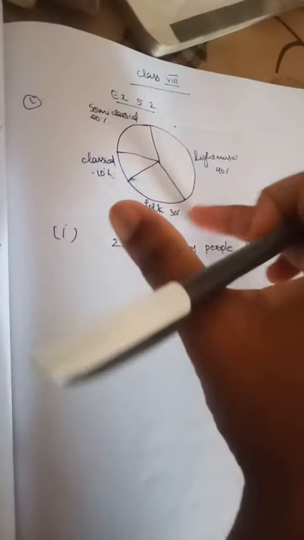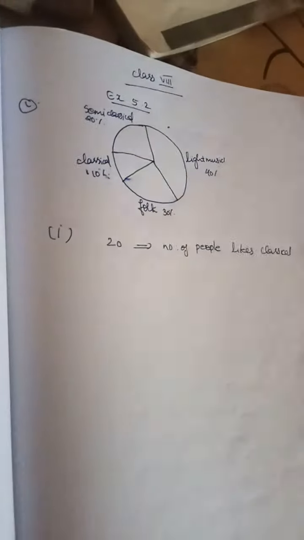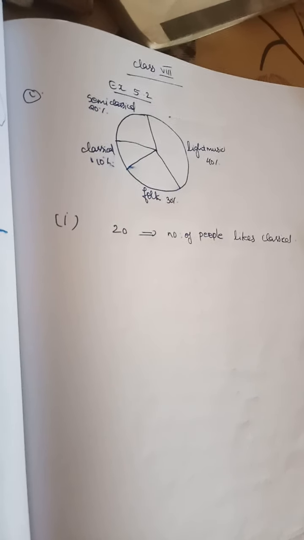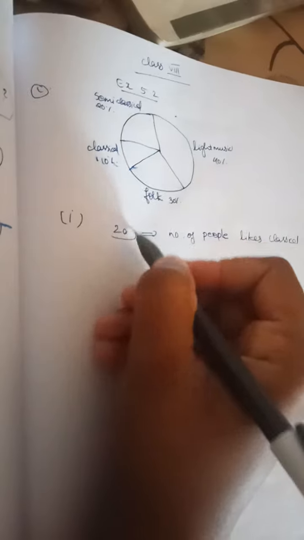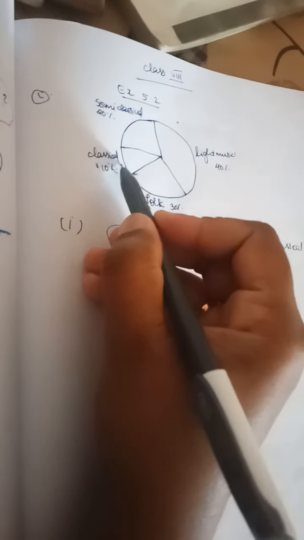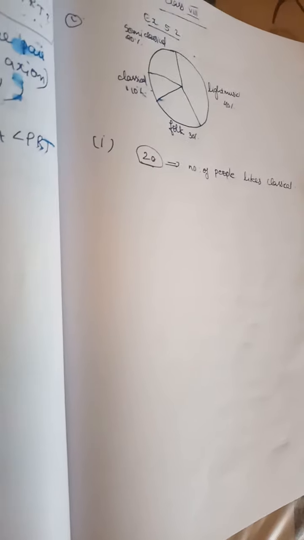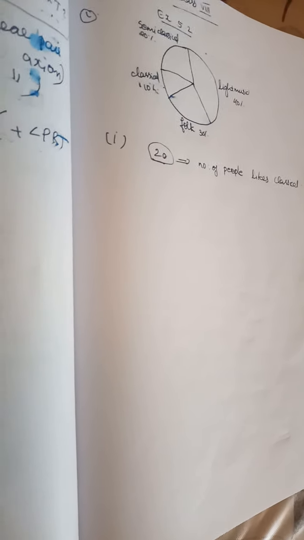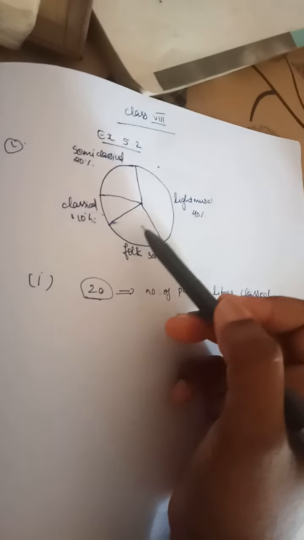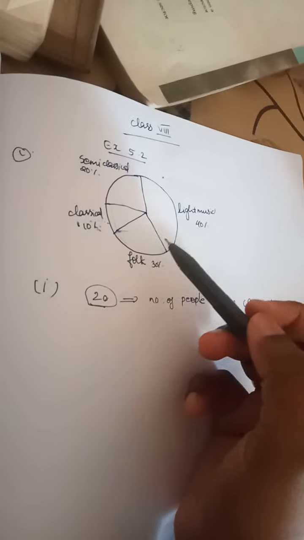So if this is 20, we have to calculate the total number of people surveyed. This 20 is 10 percentage of the total, because out of the total, 10 percentage is classical. So we have to find the total, that means 100 percentage.